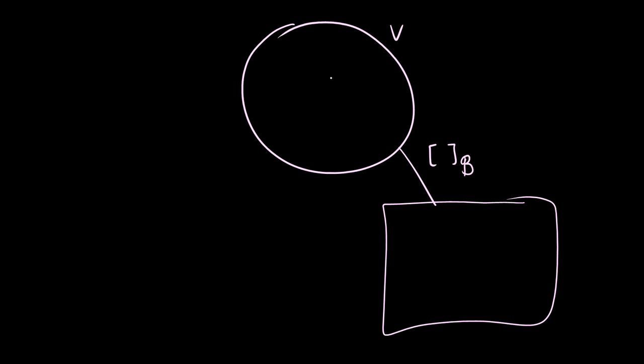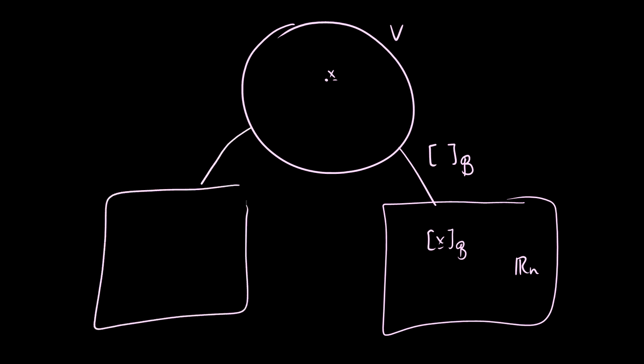This takes some vector here and maps it to some vector in Rn, so this is x relative to B. Now we can also go to a different space here by some transformation relative to a basis C. And then we'll get some vector x relative to C here, and this is also going to be in Rn.